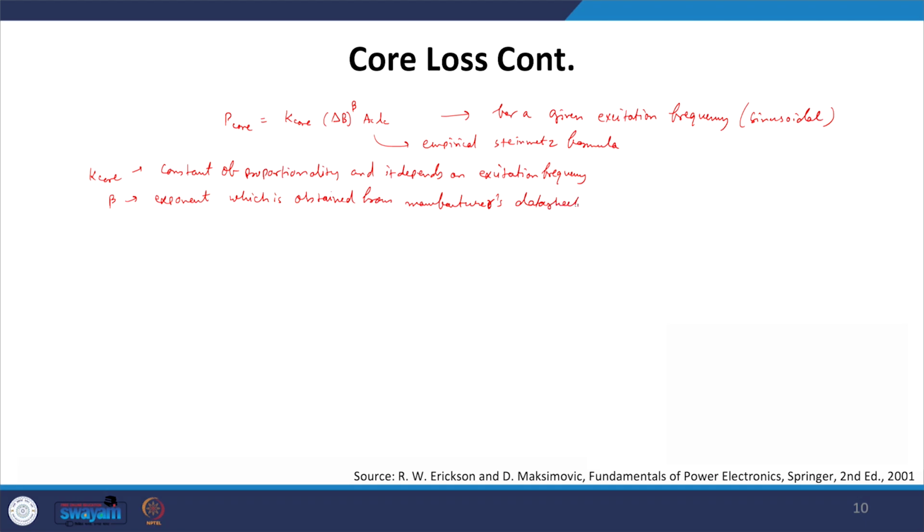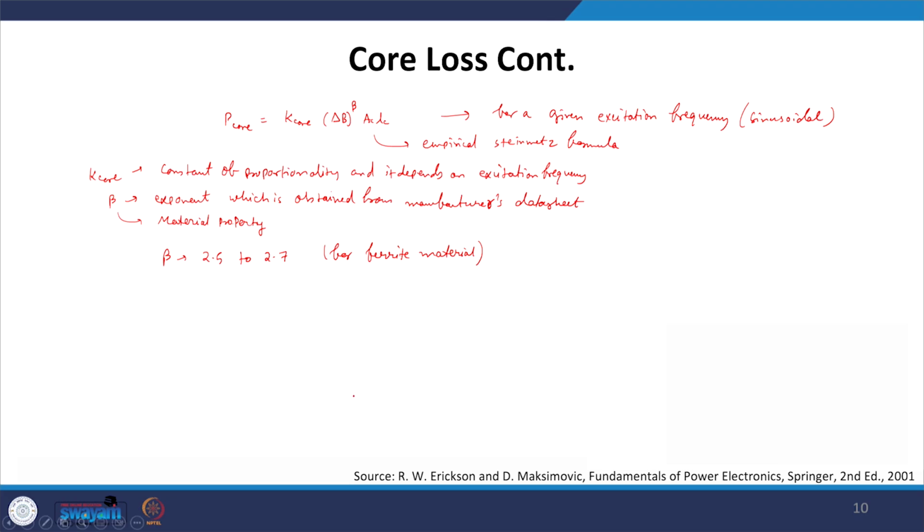So this is determined by the material property. For different materials this beta value will be different. Generally beta for ferrite material is between 2.5 to 2.7. If the ferrite is made up of different alloys, then depending upon the concentration of alloys this beta value varies between 2.5 to 2.7.